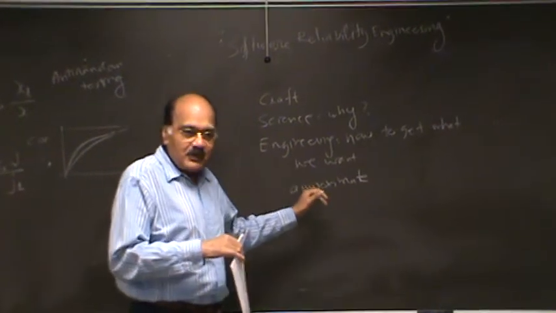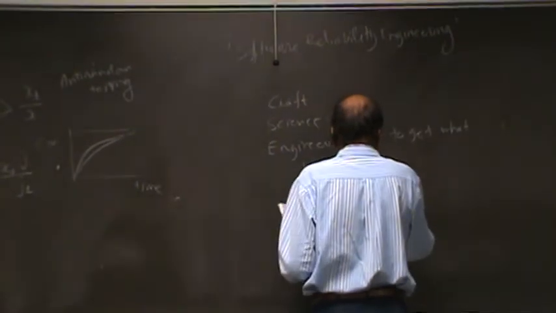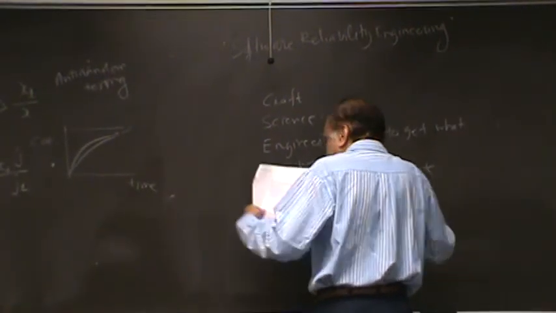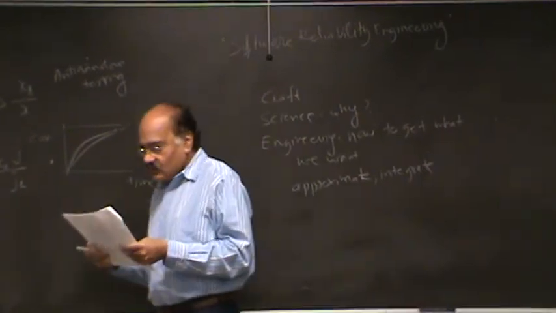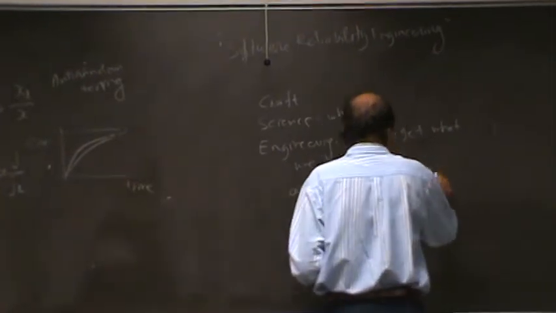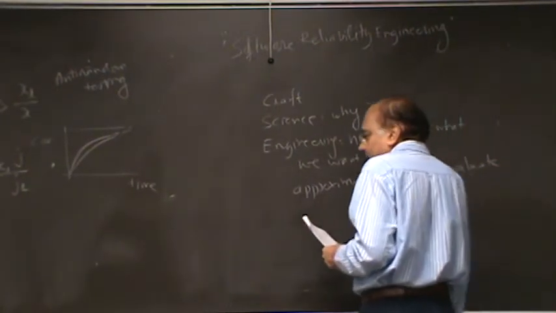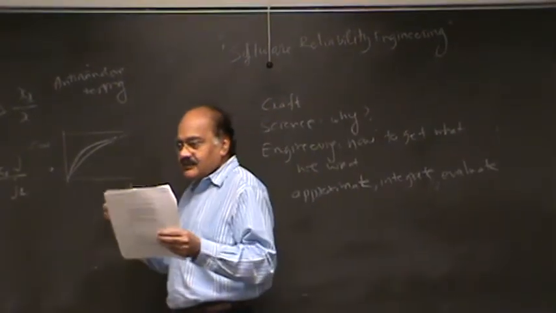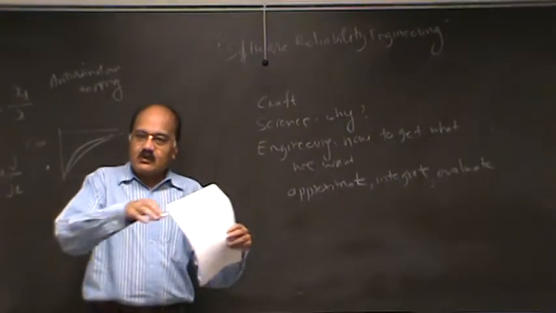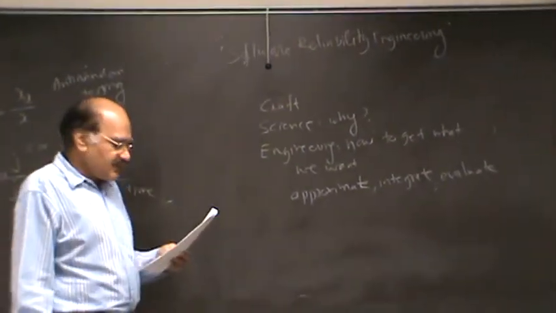So you always have to do some approximation, very important. So you need to approximate and you need to integrate ideas. You need to combine the ideas so that you can do what you want. And you need to evaluate your approaches. So for example, you want to find out the best way to test some specific type of software. You need to evaluate a proposed approach to see if it indeed works the way you think it does.